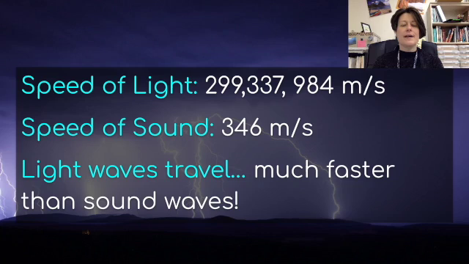And that is why you can calculate the distance lightning strikes from you by the difference in when you see the lightning, which is pretty much instantaneous, to when you hear it. Because the farther away it is, the longer it's going to take to get to your ears compared to the time it takes to get to your eyes. And so that's why we can do that.